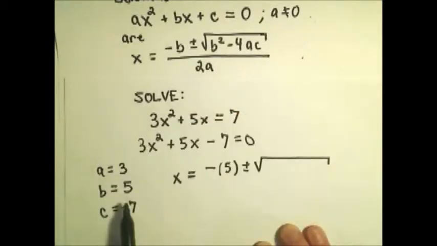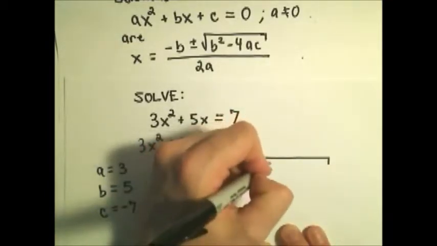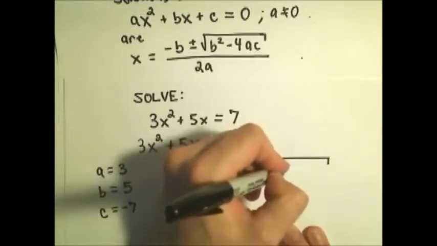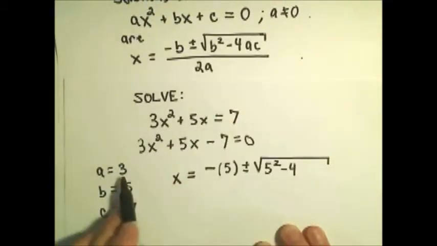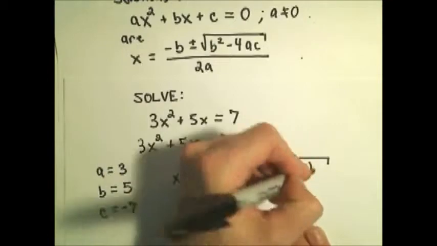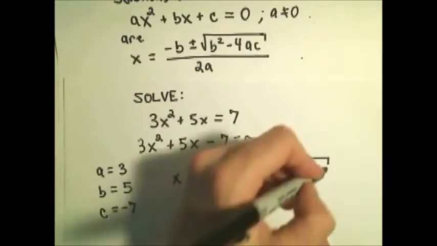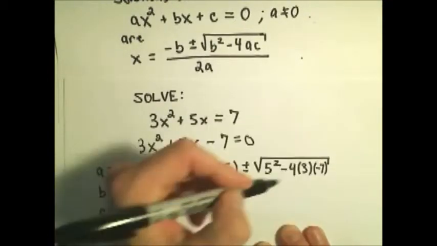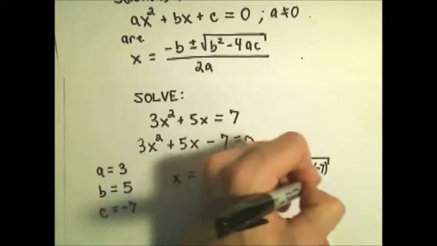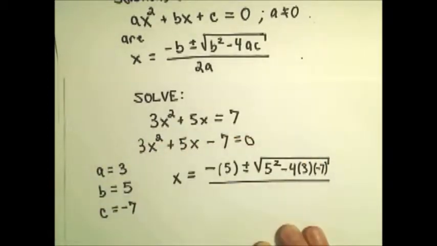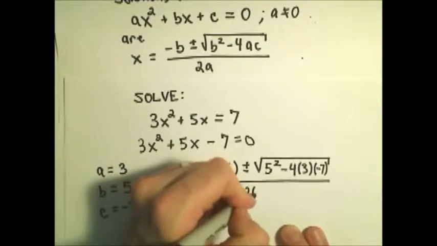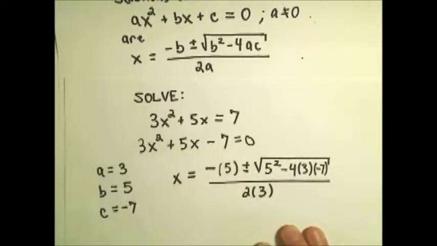We take b and square it, so we'll have 5 squared minus 4 times our a value, which is 3, times our c value, which we said was negative 7. And then that's all going to be divided by 2 times a, or in this case, 2 times 3.